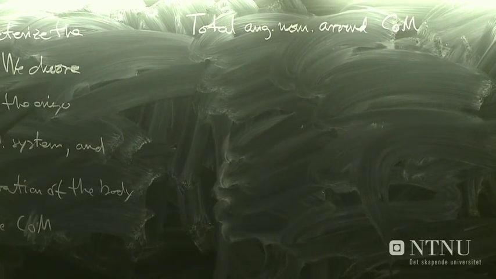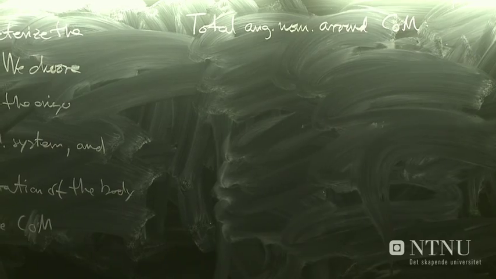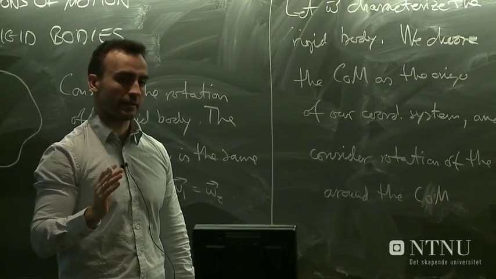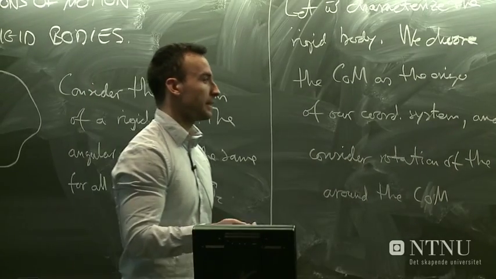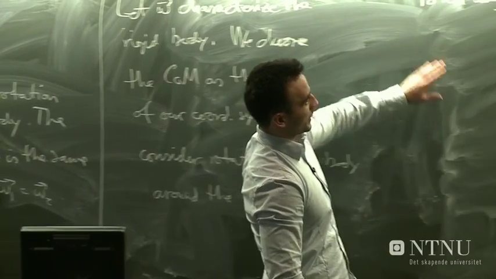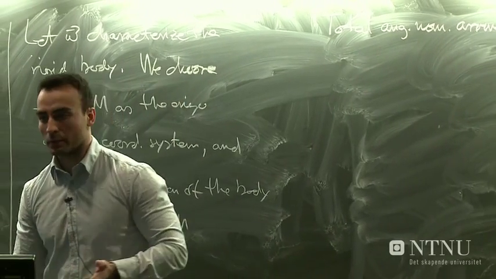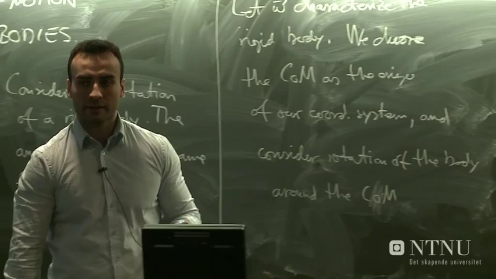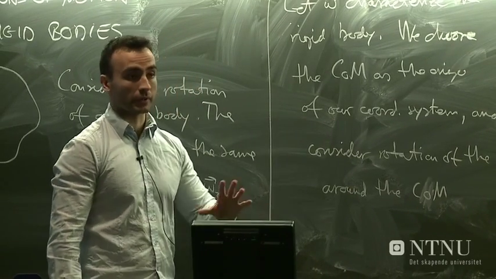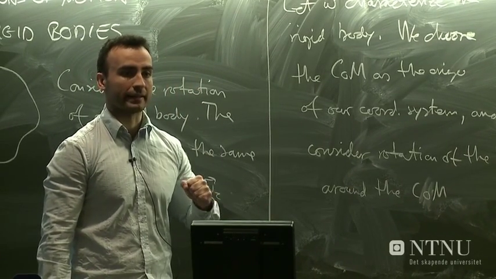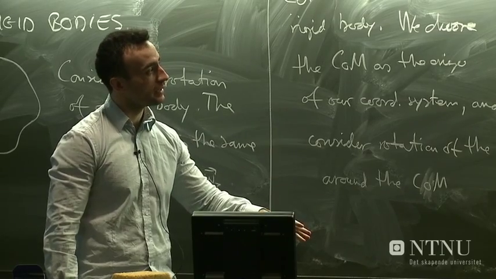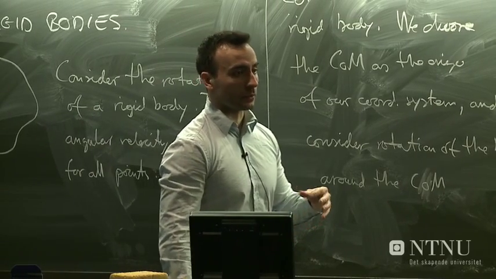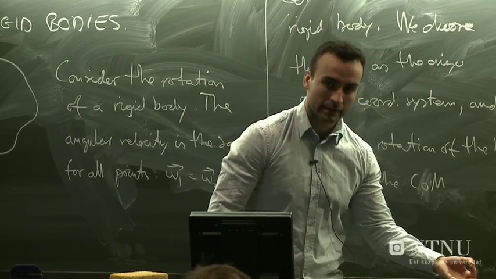So let's now try to have a look at the angular momentum that the rigid body has around the center of mass. So keep in mind that whenever you're discussing angular momentum or torque or any such quantity related to rotation, you always have to specify in relation to what? The angular momentum with respect to some point, right?